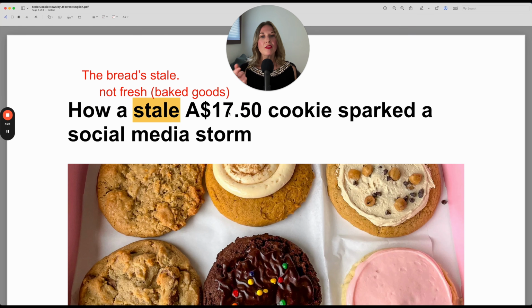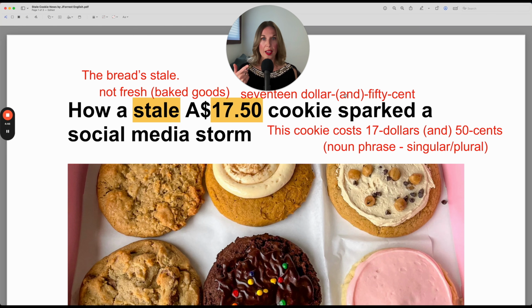Now you can say $17 and 50 cents, or $17.50. The and is optional, but you cannot add an S to dollar or cent because this functions as an adjective, and adjectives don't have a plural form. I wrote down how you would vocalize that, and remember, and is optional, so it's in parentheses.